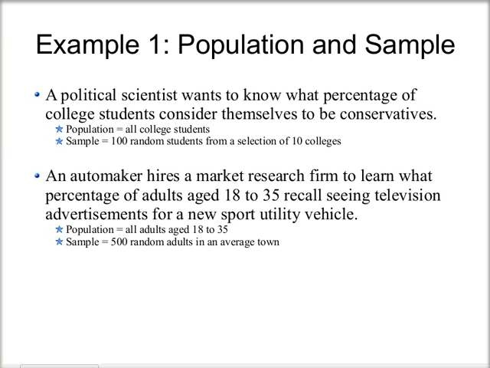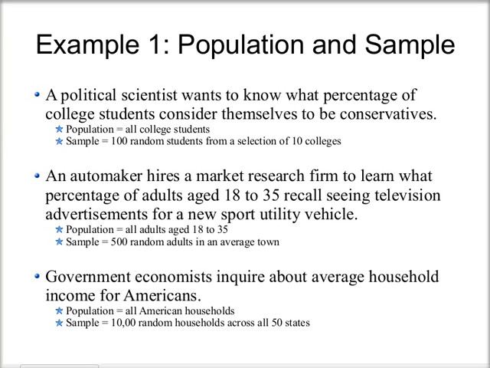And their sample might be 500 random adults in an average town. So they could go to some town and just knock on people's doors and ask them if they've seen this commercial, if they remember seeing it on TV, and then using that information they would guess how many adults in the entire U.S. would remember seeing it on TV.